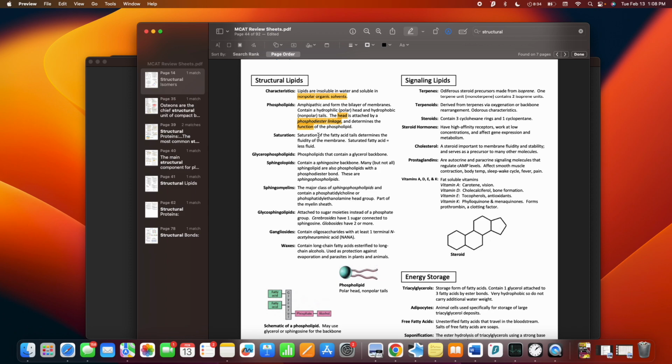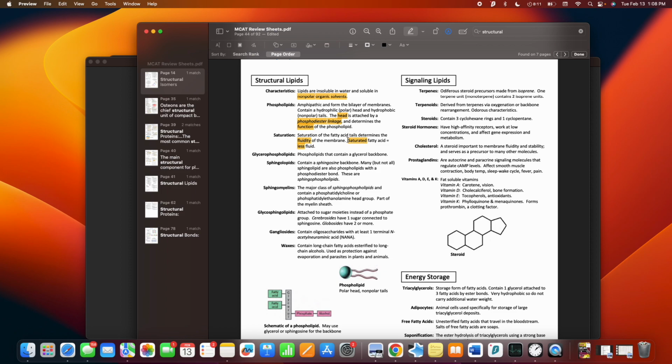Saturation of fatty acid tails determines the fluidity of the membrane. Saturated fatty acids are less fluid. Saturated means the lack of double bonds, right? It's less fluid.